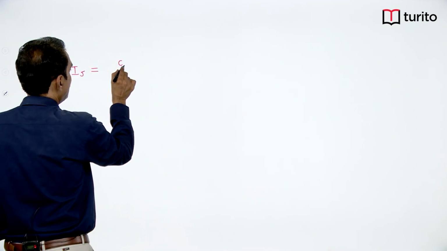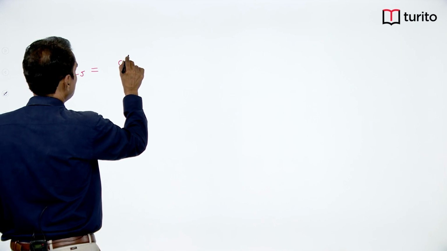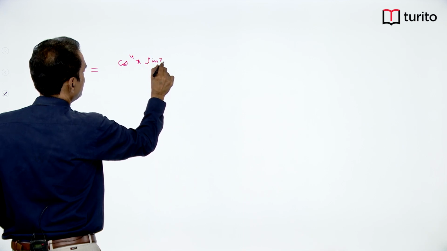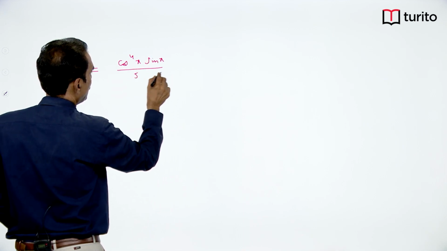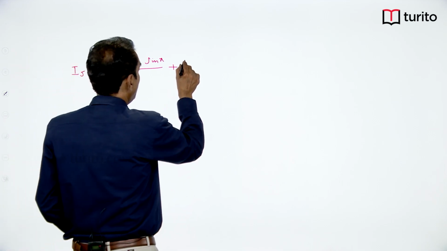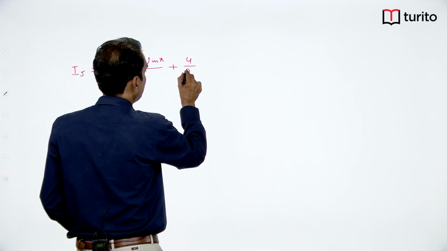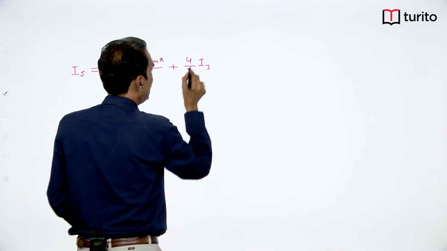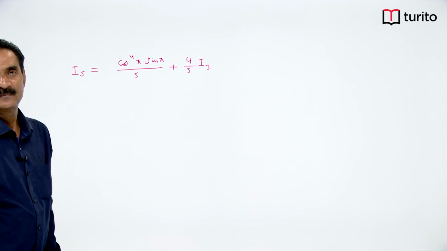So, cos power 4x into sin x by 5 plus 4 by 5 into I5 becomes I3, reducing by 2.